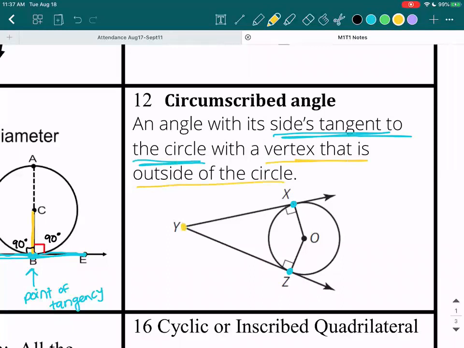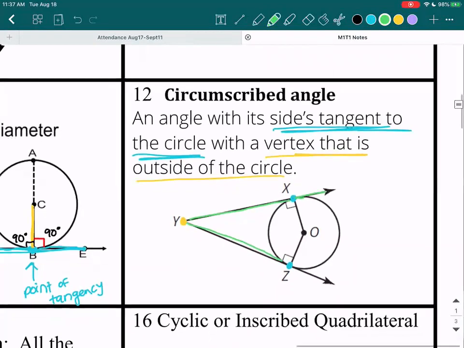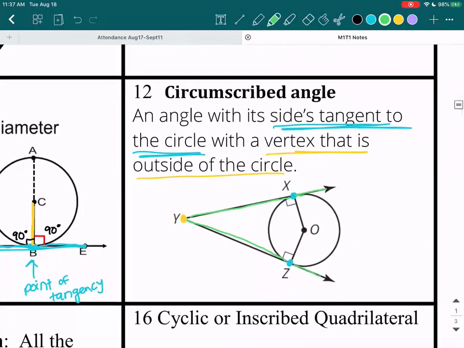So the vertex is over here, point Y. So then you get your overall angle, I'll just highlight it in green. That is your circumscribed angle. I drew the angle in green, and the sides that are tangent to the circle I put in blue, and the vertex I put in yellow so you can see them more clearly. Any questions on this one?